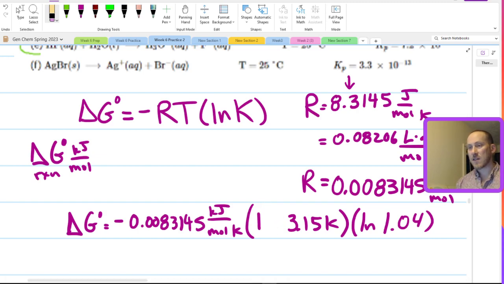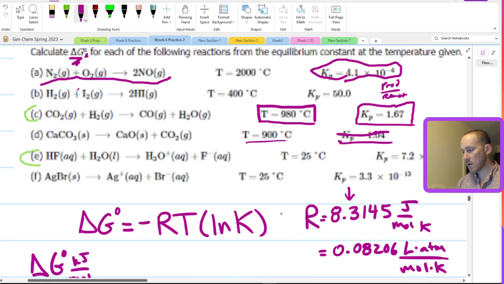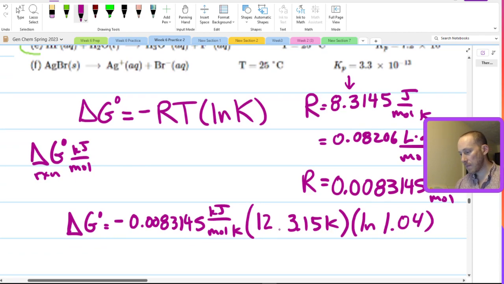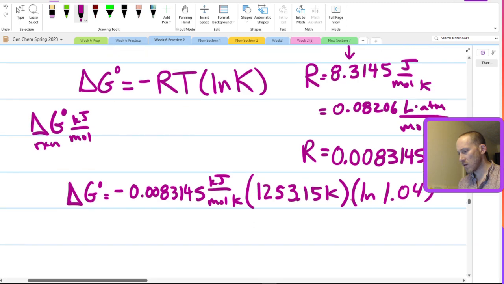I added that to 900, but I should have added it to 980, so it's going to be a 5. Yeah, there we go. 1253.15. That right? And I messed up that number when I did this before.